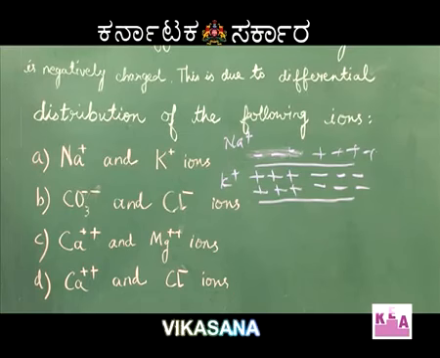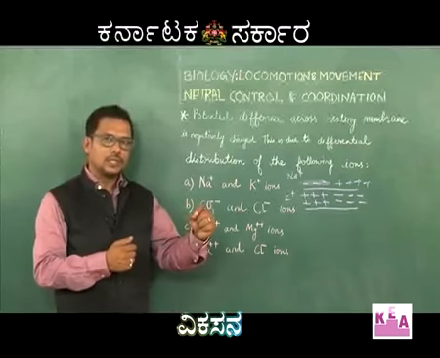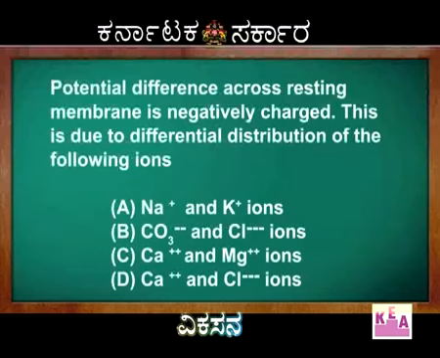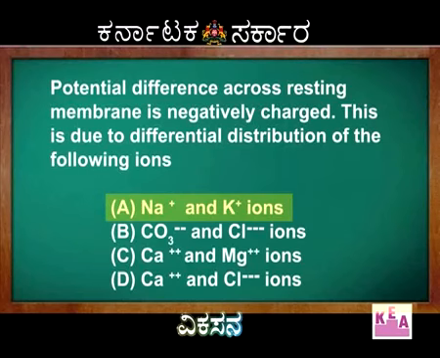This nerve impulse travels all along the length of the axon at a high speed. We call that conduction of nerve impulse. Now, the question here is the potential difference across the resting membrane of an axon is negatively charged. This is due to differential distribution of ions, that is sodium and potassium. The rest of the ions are of course electrolytes. They are present in the extracellular or intracellular spaces of the body.